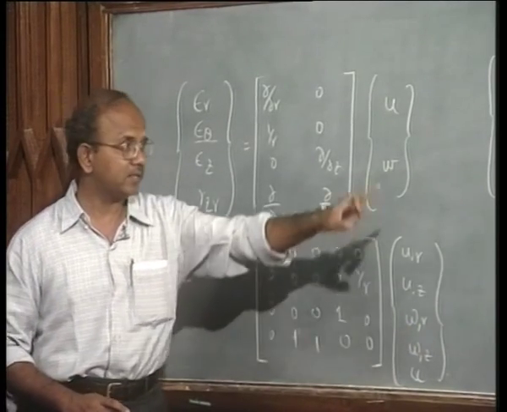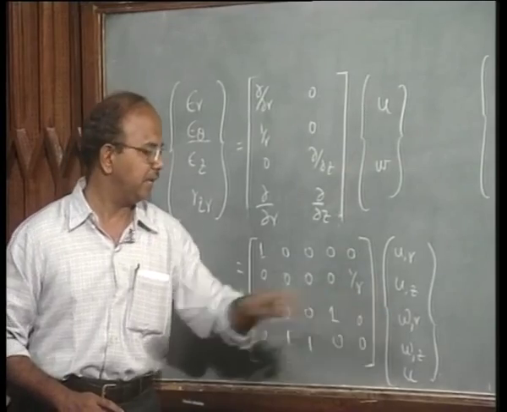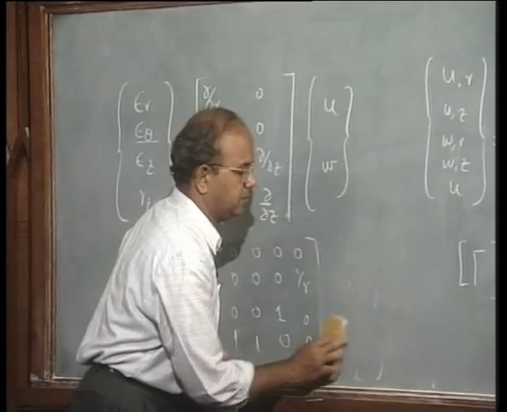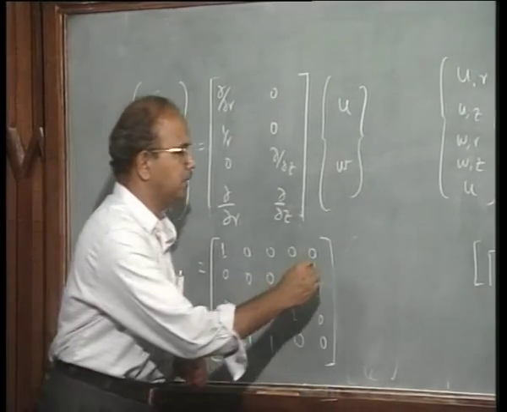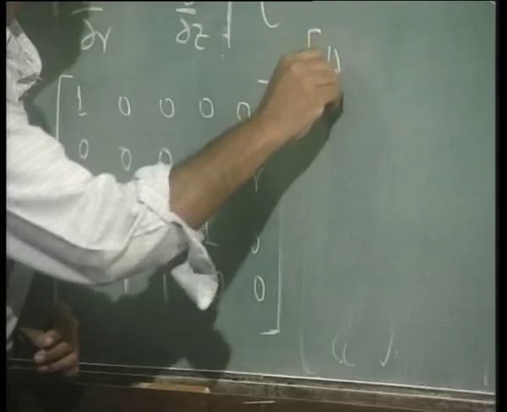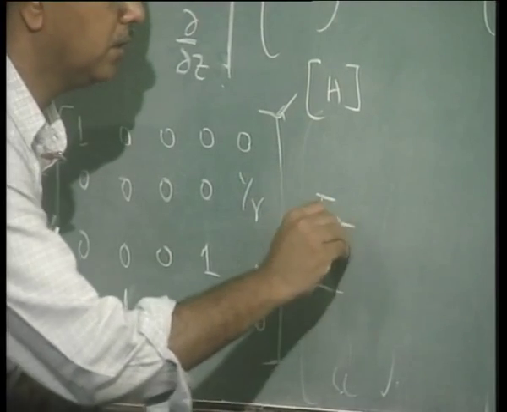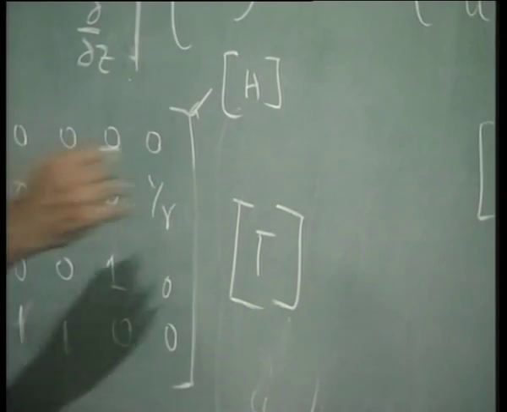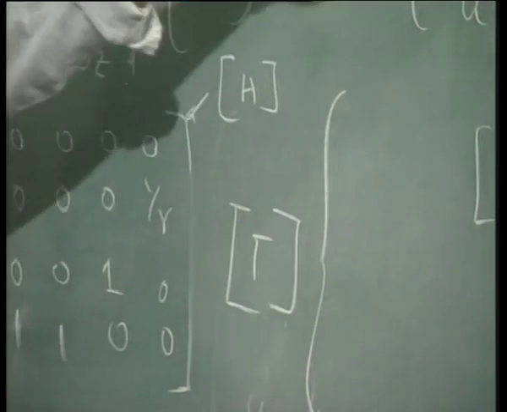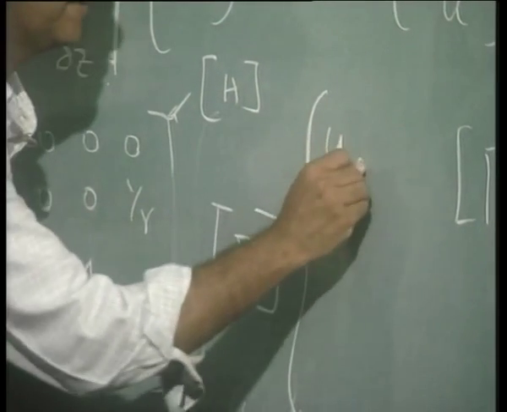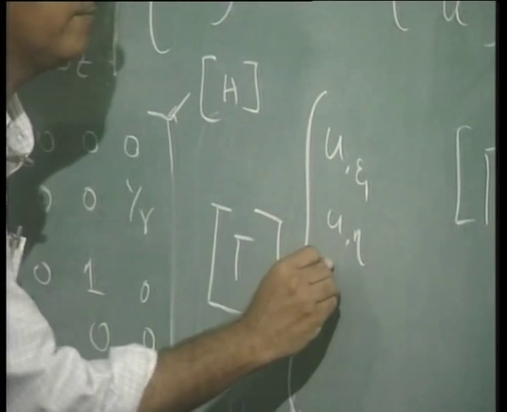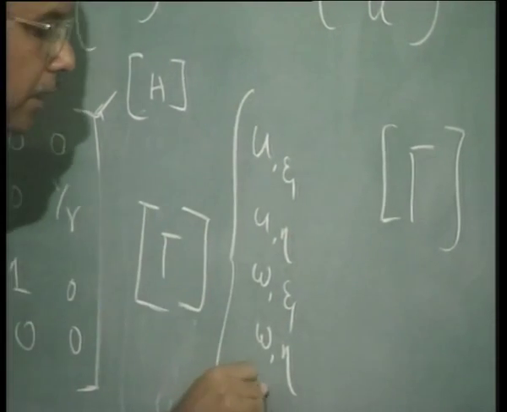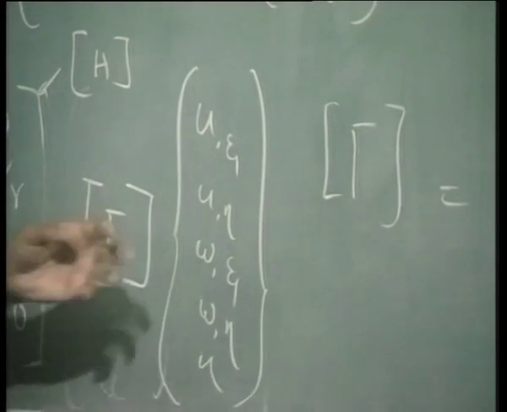When I substitute it there, then I get here, for example, let me remove that and put, along with that, let me call this as H matrix just for brevity, that gamma I had defined here already. And then now what happens to this, u comma psi, u comma eta, w comma psi, w comma eta, and u, they go here.